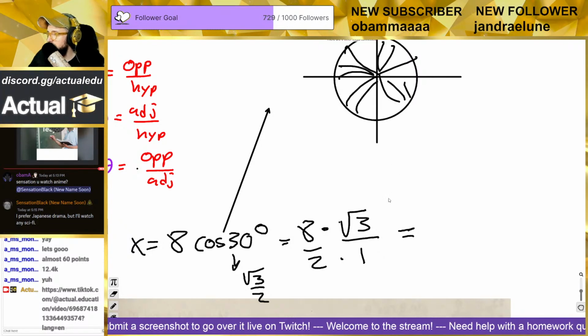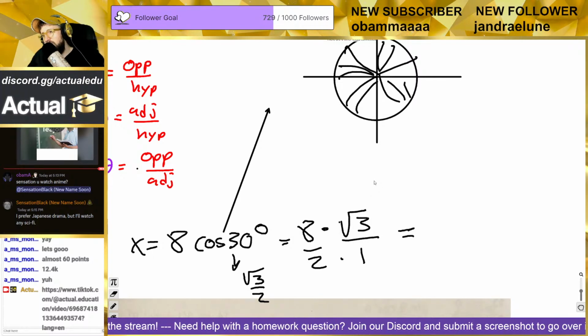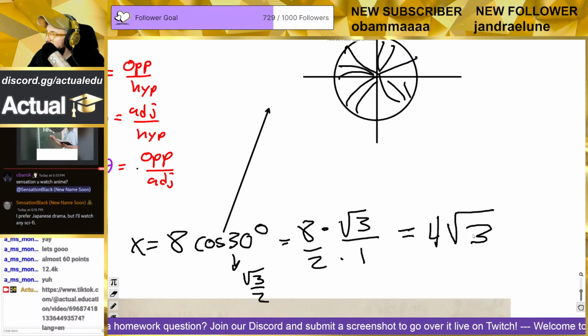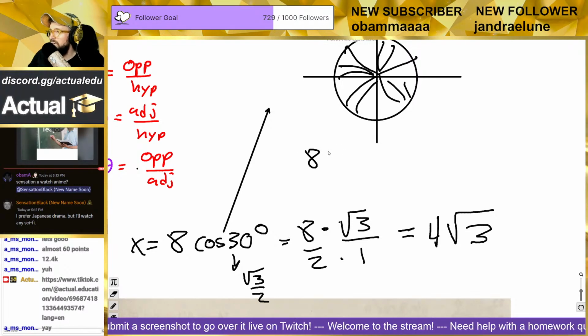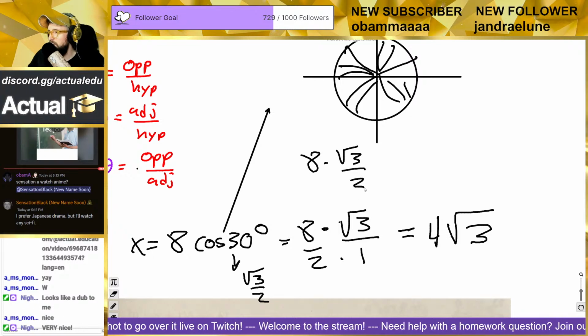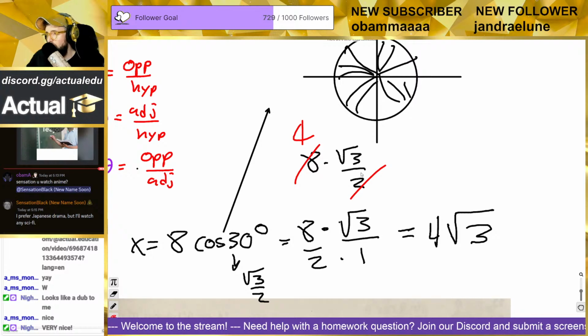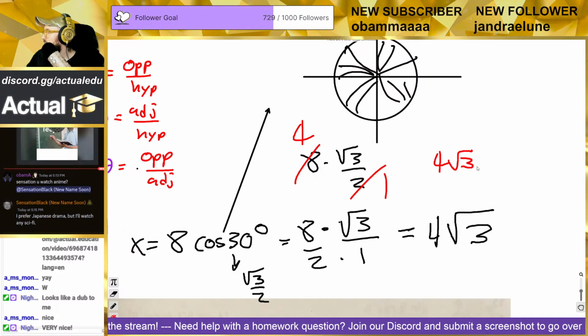What does this simplify to? 4 times square root 3? Yes. That's what I want you to see. If we have 8 times the square root of 3 over 2, intuitively you should be able to just see that this will cancel to just become 4. This will become 1, and then it's 4 square root of 3. Right?